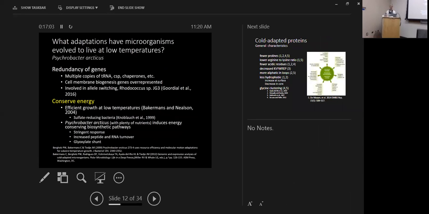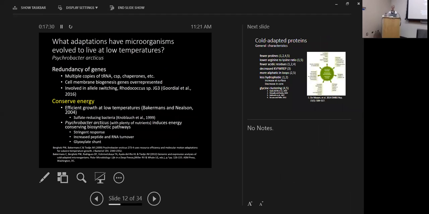And it's believed that some of this redundancy of genes is involved in something we call allele switching, where one copy of the gene is expressed at low temperatures and presumably has better activity at low temperatures, whereas the other copy is expressed at high temperatures and presumably has better activity at those high temperatures. So they may be tailoring each of those alleles for working at specific temperatures.